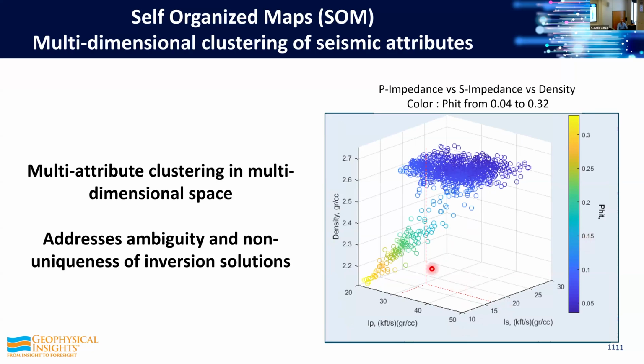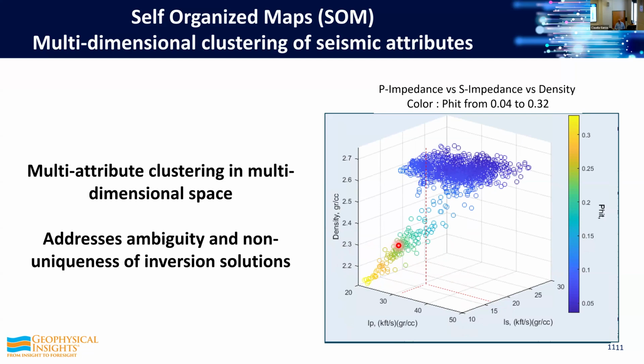So here, still, you can see that for a given point, I still have more than one value of porosity for the three-dimensional sample. So I can have the same P impedance, S impedance, and density, and I can have more than one porosity value. The same would be for shale or for water saturation or for percent of calcite.